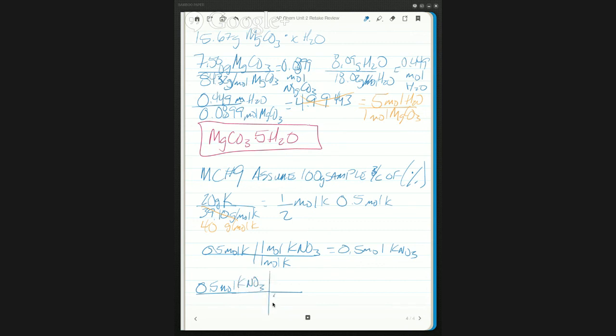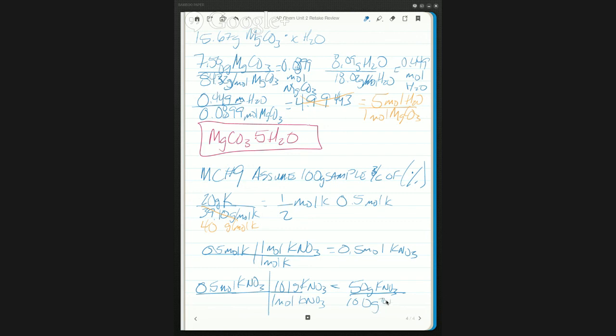Good. All right. For every 1 mole of KNO3, we have 101 grams of KNO3, which might as well be basically 50 grams of KNO3 for 0.5 moles. So 50 grams of our sample is KNO3. And our sample is basically 100 grams, which we already established.